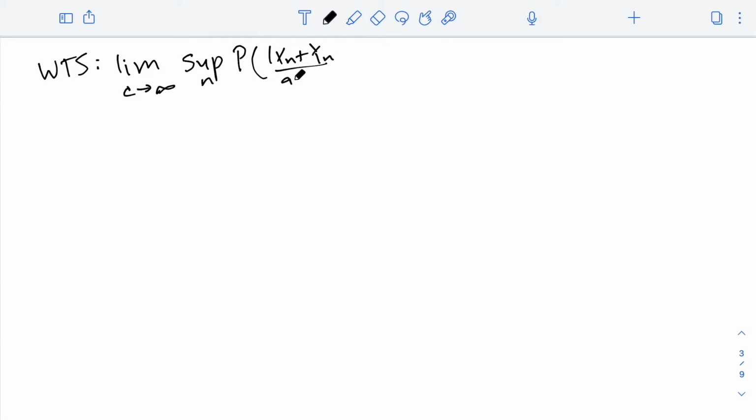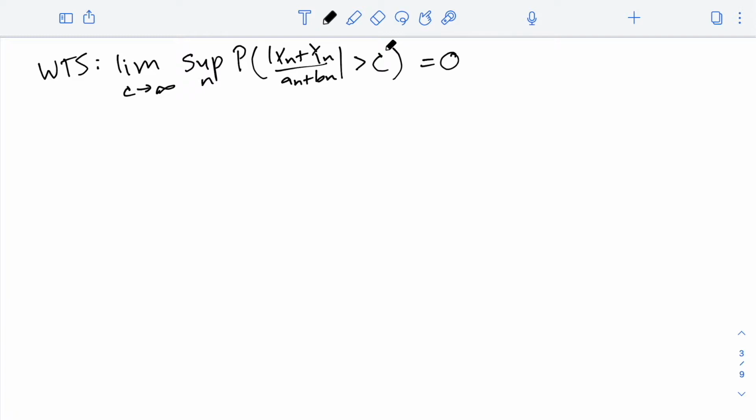All right, we would like to show that Xn plus Yn is bounded in probability by an plus bn. We'll engage with this from the definition. We want to show the limit as c goes to infinity of the supremum over n of the probability that |Xn plus Yn| over an plus bn is greater than c equals 0. This is our goal. So we're just going to look at this piece of the statement here.